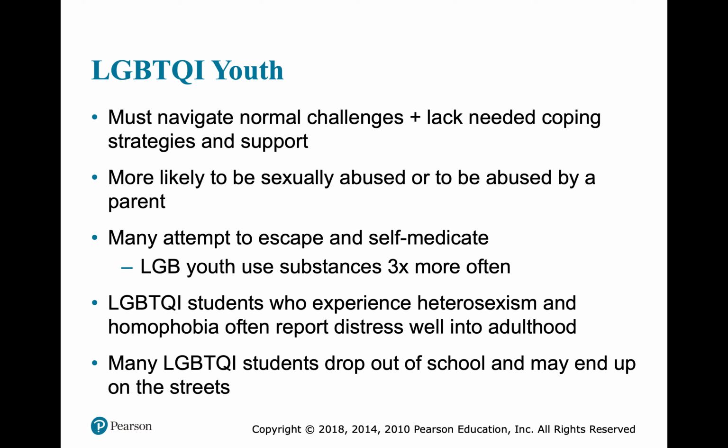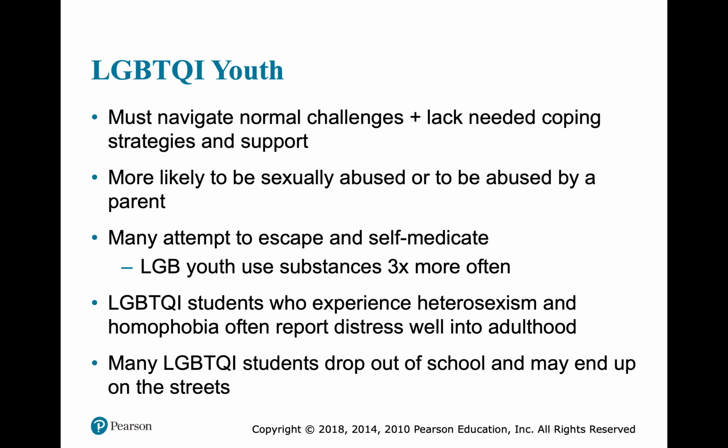But when you add an additional component, like the individual being LGBTQI, you might have even more challenges on top of the typical challenges that you see. So LGBTQI youth often lack needed coping strategies. A big coping strategy, like the number one coping strategy for anything, is social support. I think we talked about this in the past.